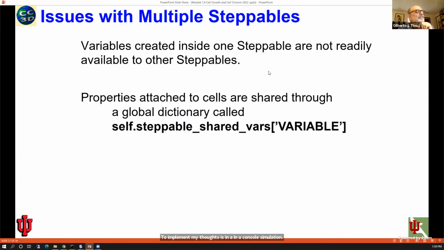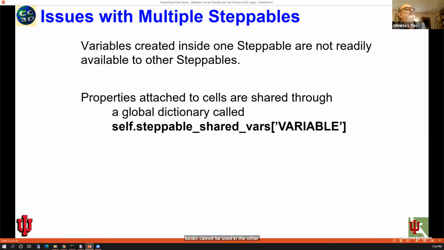This is something I have to call attention to, because sometimes if you include 2 steppables in your simulation, the variables that you define inside one steppable cannot be used in the other steppable.